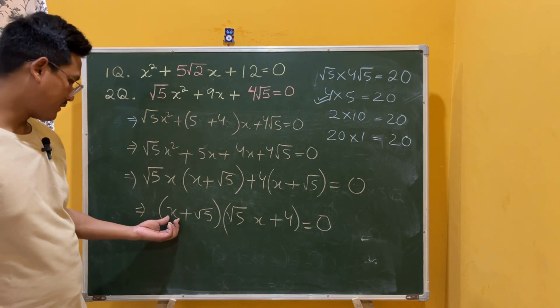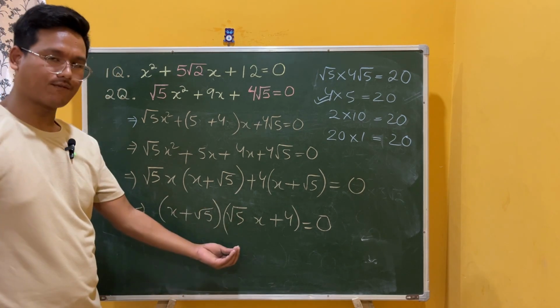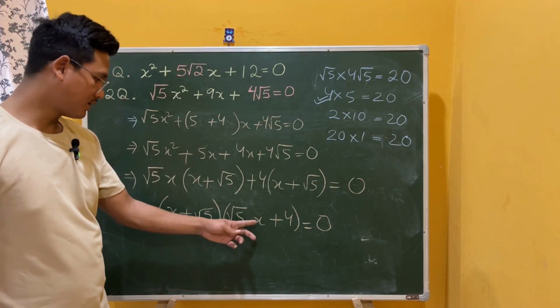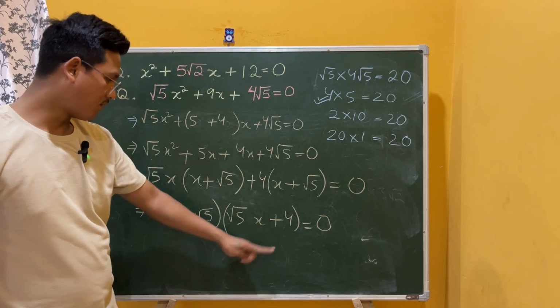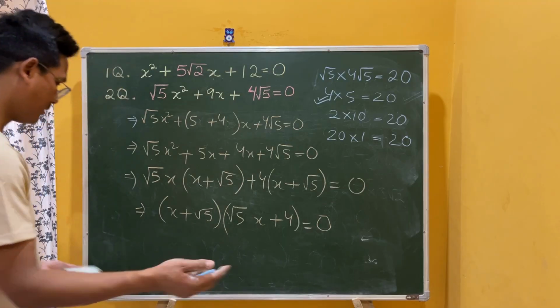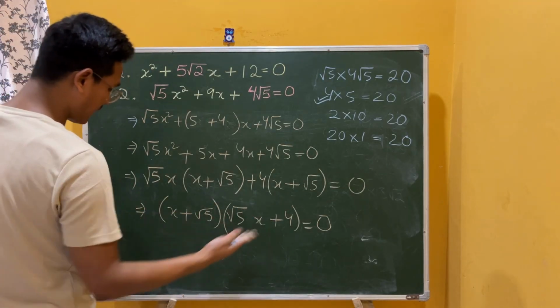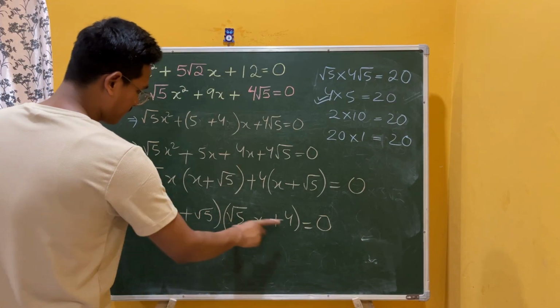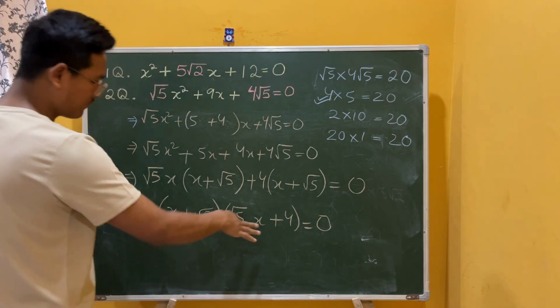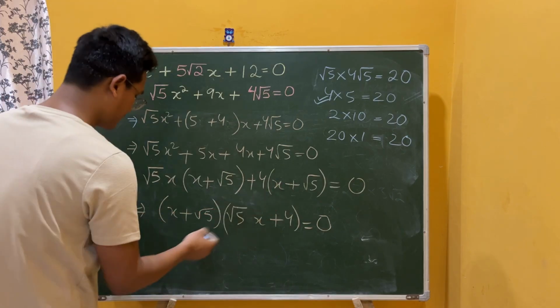Obviously, one x is going to be minus root 5. The other one is going to be minus 4 upon root 5. Okay, let me do it for you. So after this point, we'll use the idea that the product of two numbers is 0, means one of them must be 0.